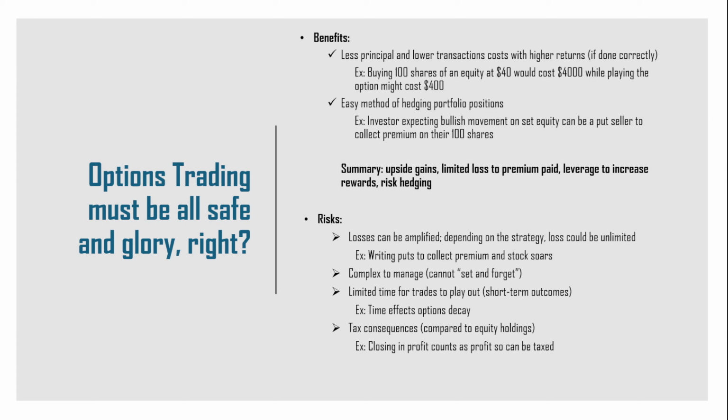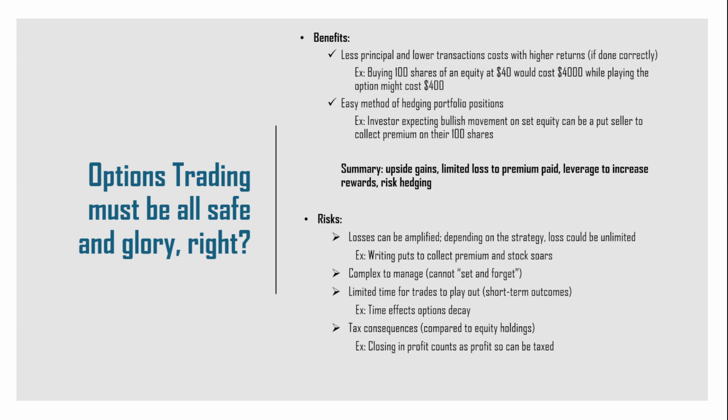You can be a put seller to collect premium on your 100 shares. And if it goes against you, you can sell those shares or close them, and you don't have to cover the loss with real money. So the summary is upside gains, limited loss to premium paid, leverage to increase rewards, and risk hedging.